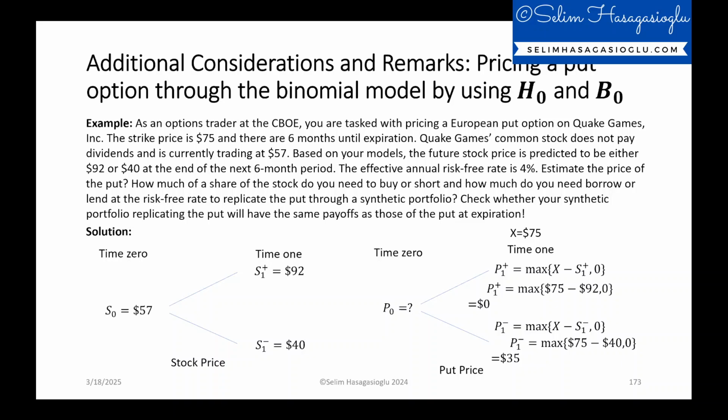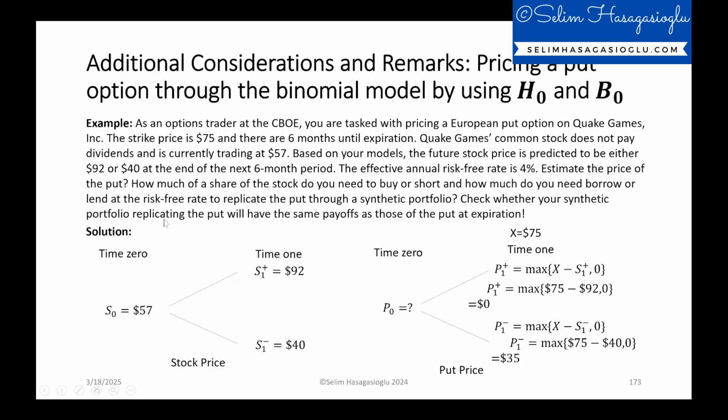And also we are talking about borrowing or lending. For the case of the put option, you are lending at the risk-free rate. We will see. And that's why the B0 value in this example will have a positive value.